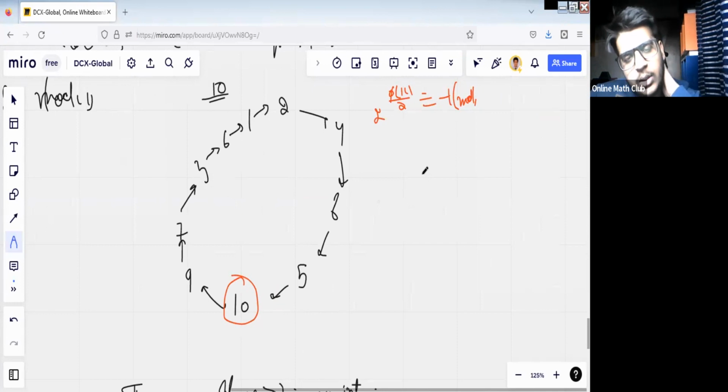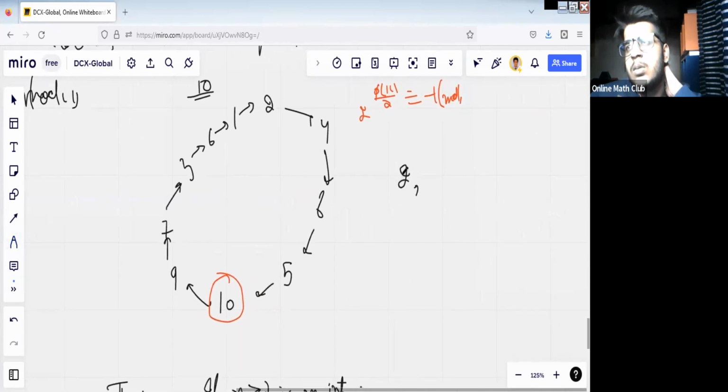The primitive roots mod 11 are 2, 8, 7, and 6, I think so.